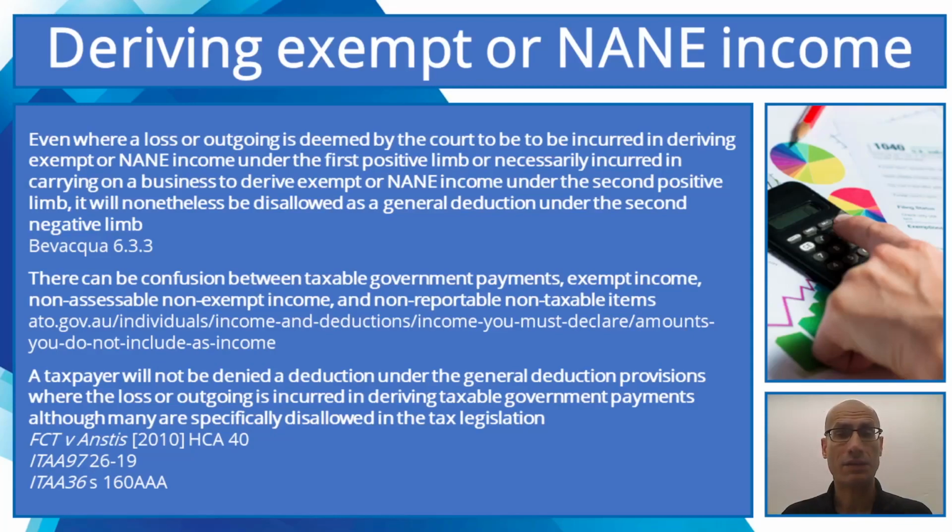So there's a little bit of confusion about those particular types of transactions. There's a difference between exempt income, non-assessable, non-exempt income, taxable and rebatable government payments, and items that aren't assessable income and are not reportable assessable income. I'll go through each of these in turn and give some examples of each.